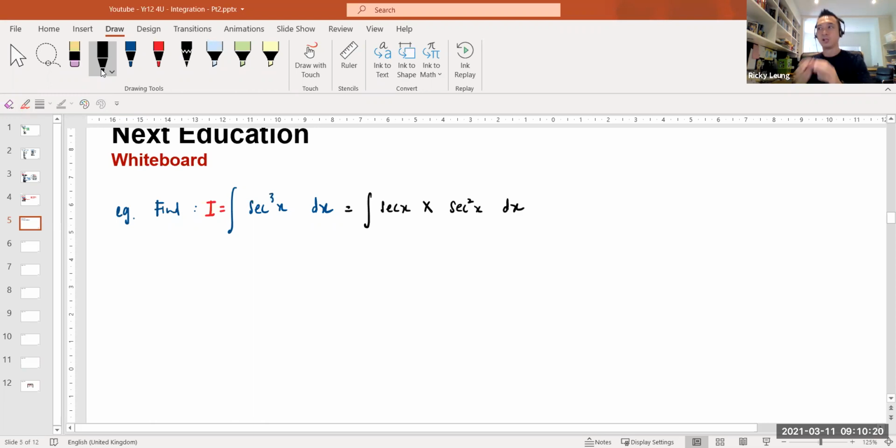If I asked you to apply by parts to this, remember LIATE says if there's log, inverse, algebra, trig, exponential, then that's the order you let u be. But what if they're both trig? What if one's sec and one's sec squared?